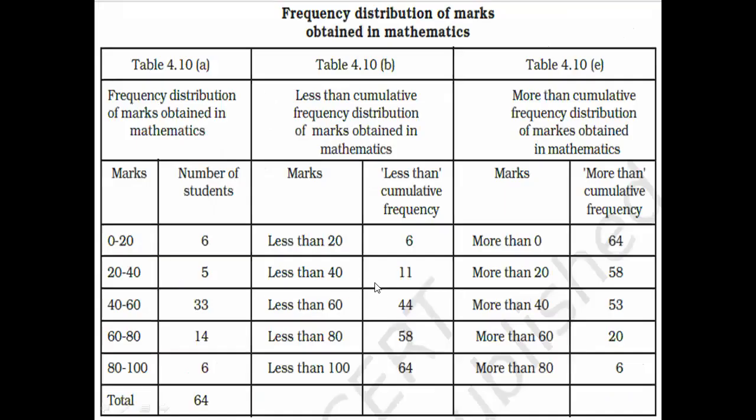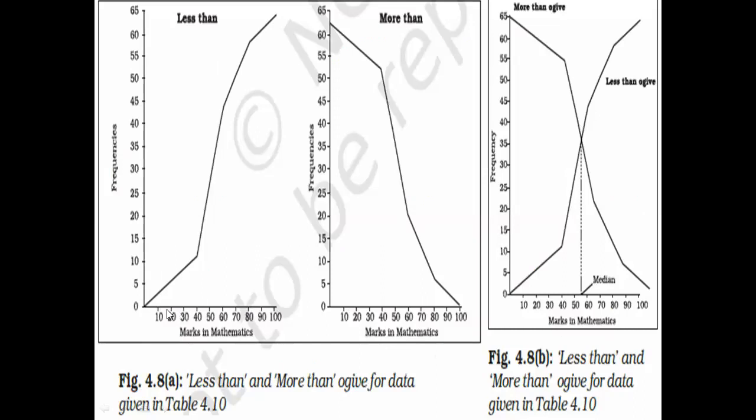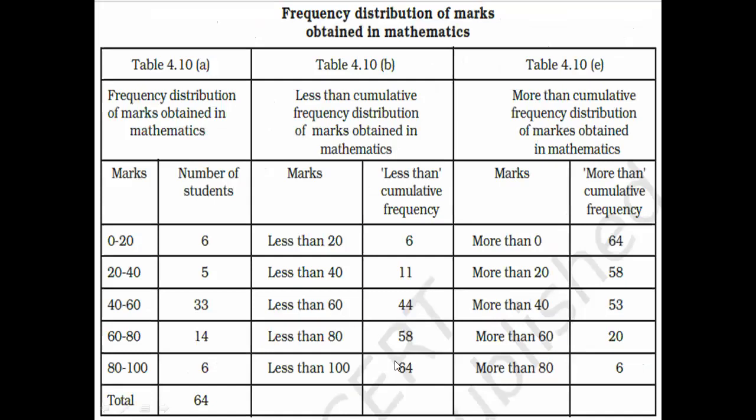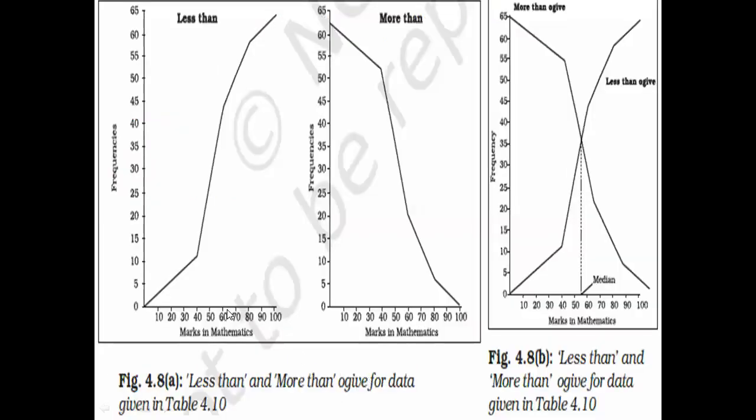Likewise, less than 40, 11 members. You can see 11 will come around here, at 40, and this turning point is showing the 11. Like that it will go on. Less than 100, 64. So 64 is here, and this is okay.